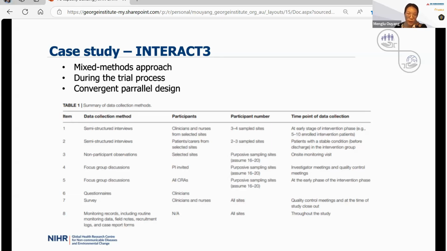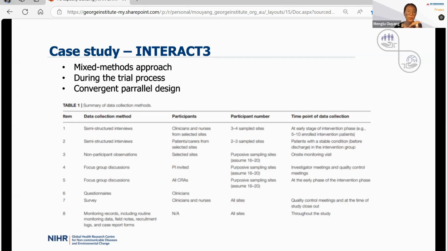We also conducted focus group discussions with the principal investigators from the purposively sampled sites to understand whether there are contextual or organizational barriers to implementing the intervention.